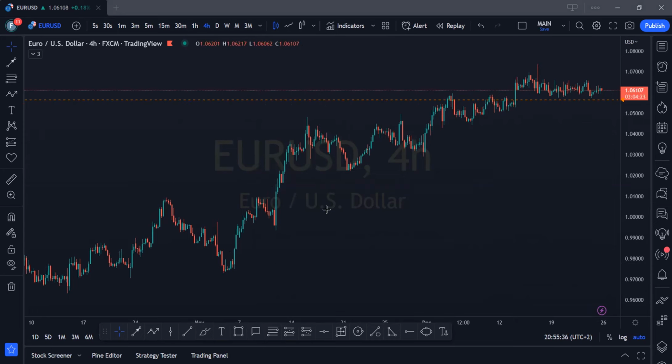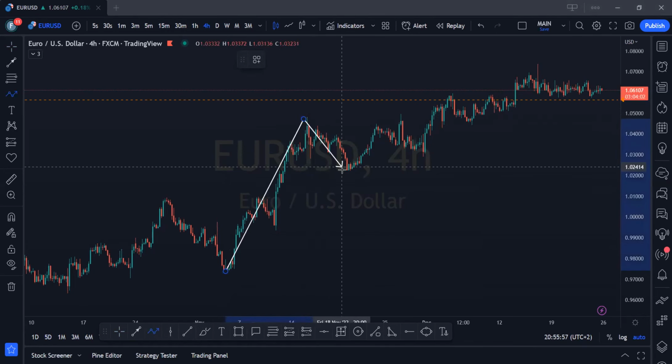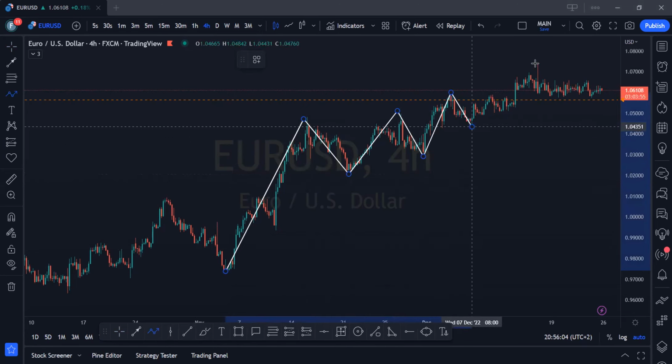So in this kind of markets now, what you'll be looking for ideally is not to sell. In an uptrend, you are looking for opportunities to buy. You are looking to buy in an uptrend. You can see the structure, what price is doing. You can see the correction, okay, impulse, correction, impulse, correction, impulse, correction.